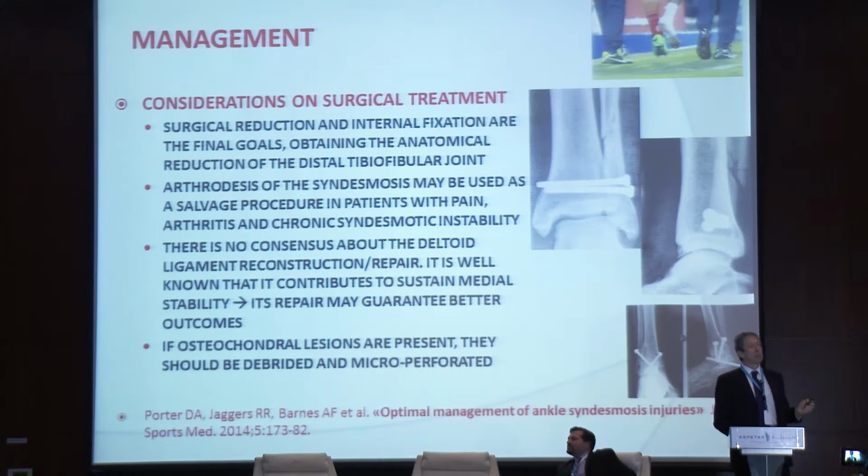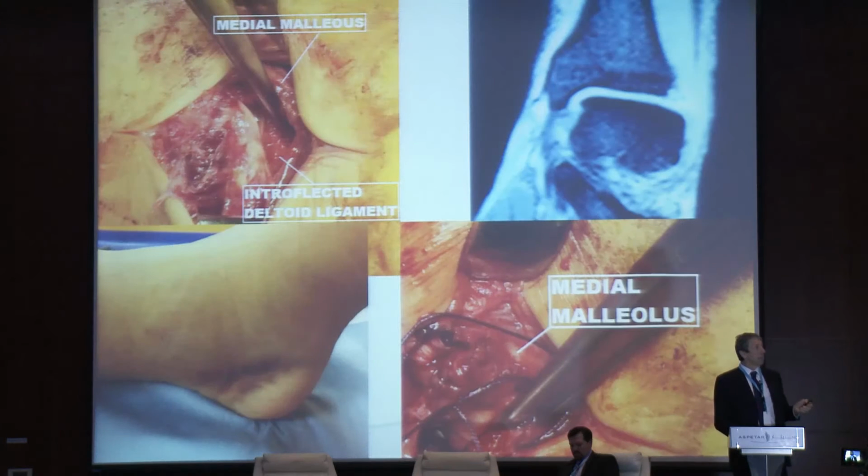In literature, you see that this ligament doesn't frequently need a repair. But in this case, as you can see, the lesion had also damaged the medial ligaments, and the deltoid was introflected into the joint with an impossibility to heal without a direct repair.